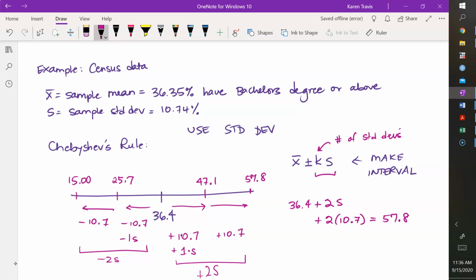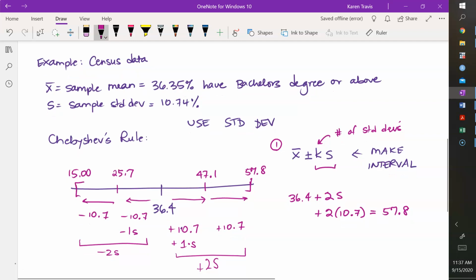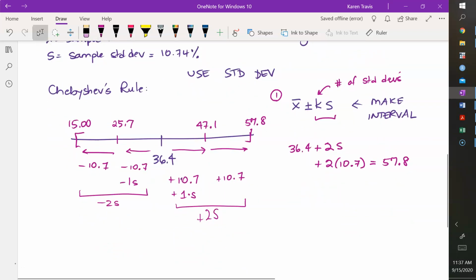Okay, Chebyshev's rule says first we'll make this interval. So I just made an interval that goes from 15 up to 57.8.